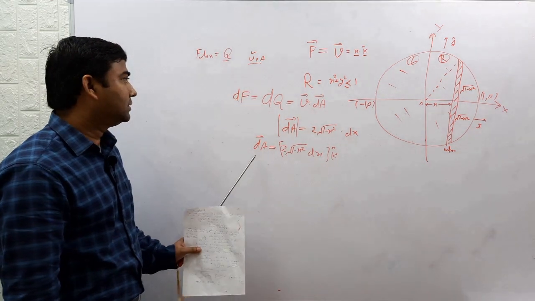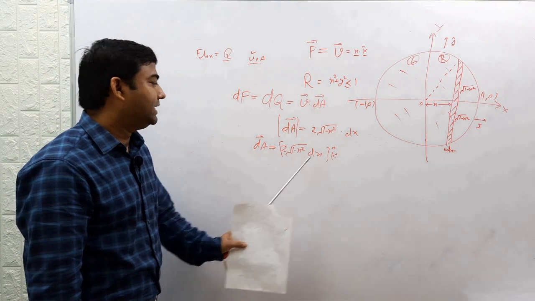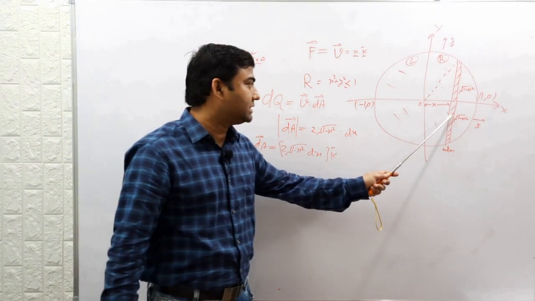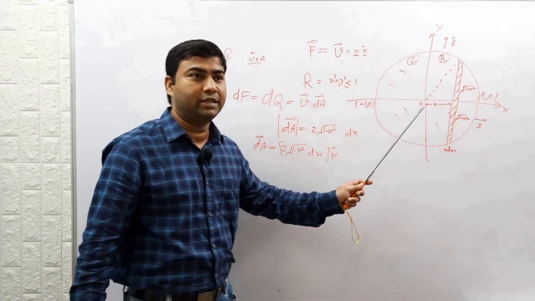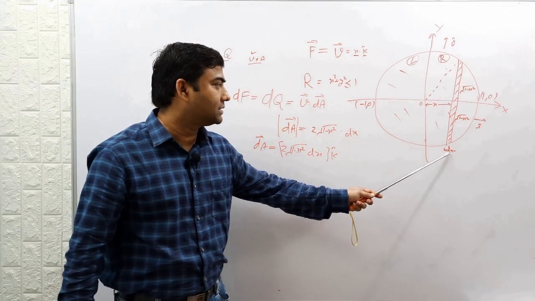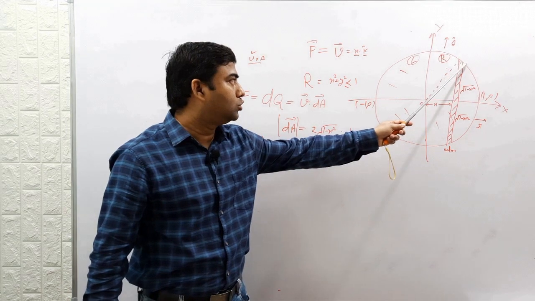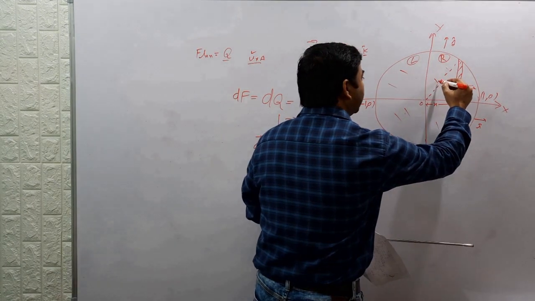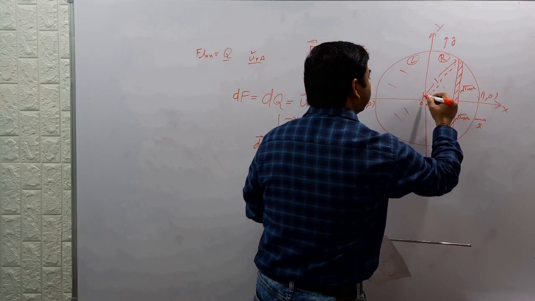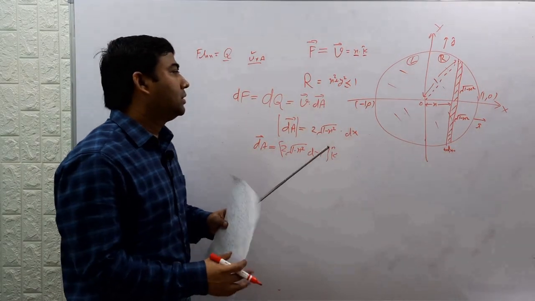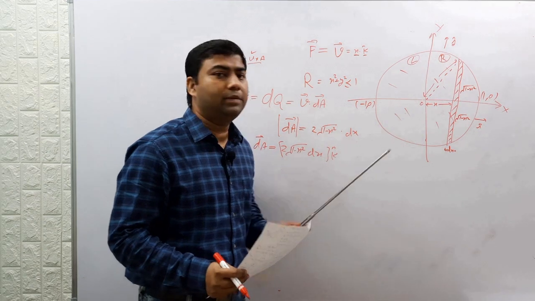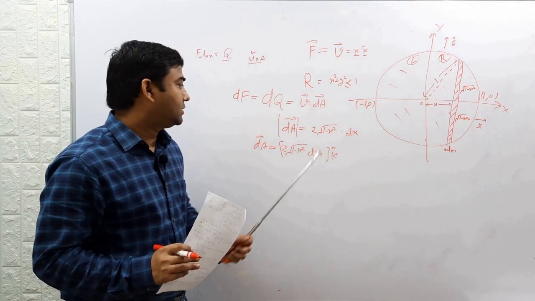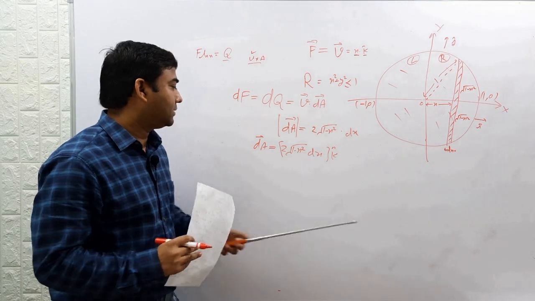That is the area vector corresponding to this small thin strip having thickness dx and length 2 under root 1 minus x square. So this is radius 1, and this will be under root 1 minus x square by Pythagoras theorem. So this is 2 into under root 1 minus x square. So that is the area vector.